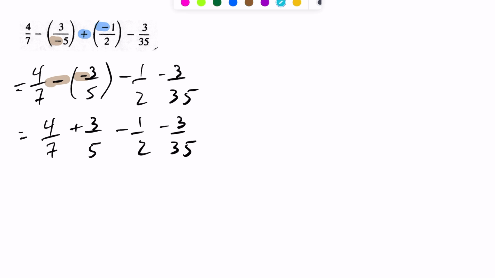Now if you take a look here, I have 1, 2, 3, 4 uncommon denominators. I want to make them all the same. 35 won't do it, but 70 will do it. So I'm going to have to turn these all into factors of 70. I'll have to multiply these by 10s, this one by 14, these by 35s, and I'll have to double these.